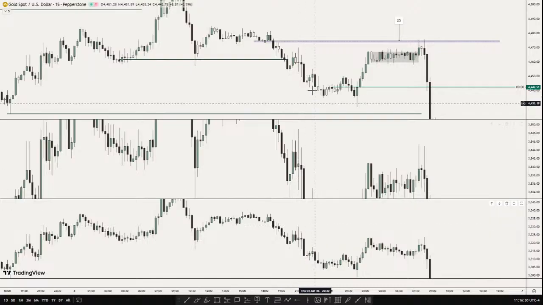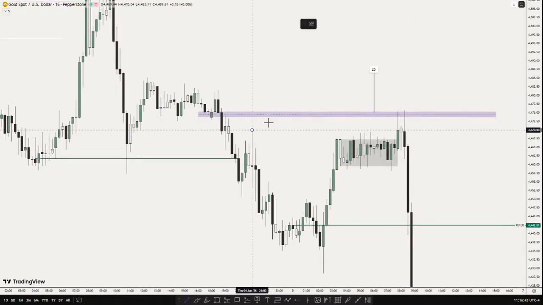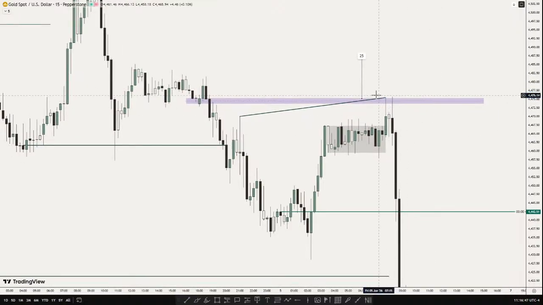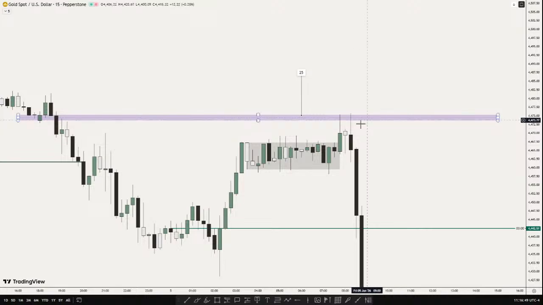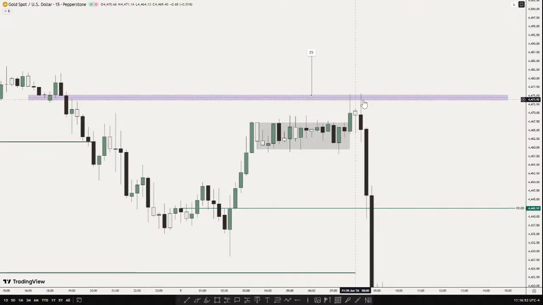We had this high taken on gold here. This was not taken on gold GBP, and this high was not taken on gold euro also. So we had these SMTs created like this. So mainly I was looking at this SMT since the time was aligned here.